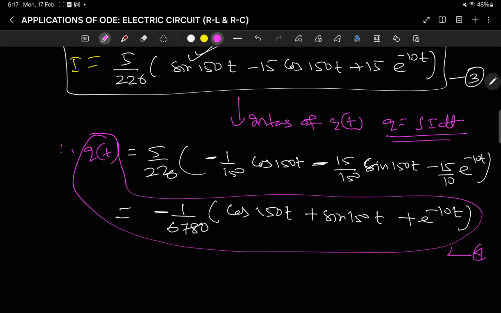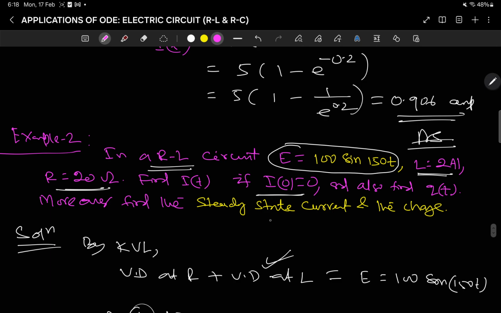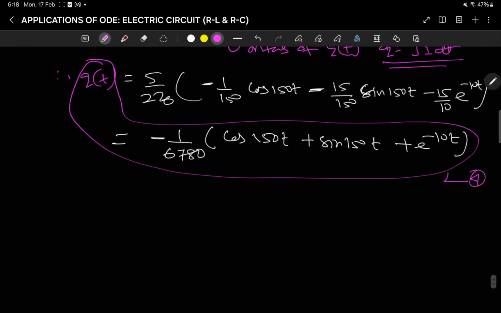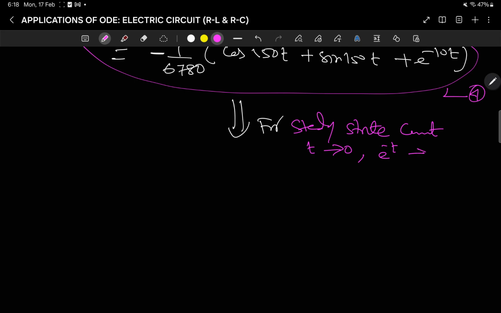Now coming to the most important thing, what is the steady state current? Steady state current means independent of time. It means I can take t tends to infinity. So for steady state current, t tends to infinity, then e to the power minus t tends to 0.